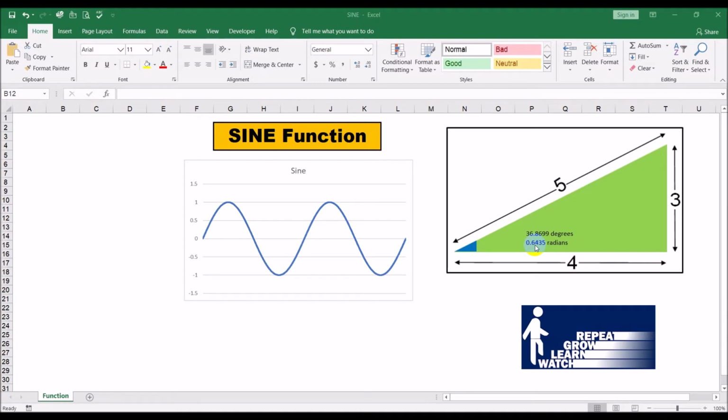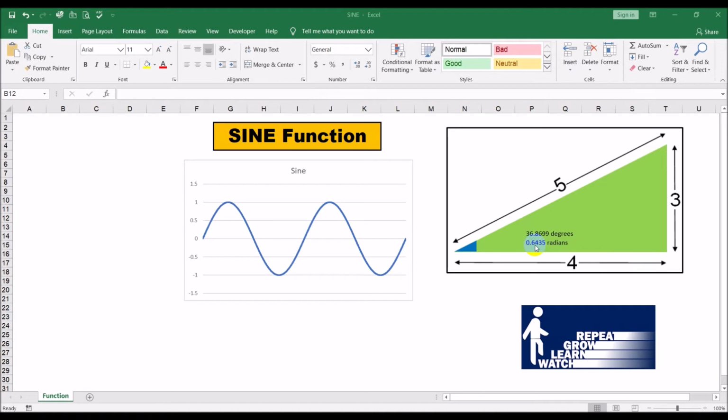The DEGREES function takes a value in radians and converts it into degrees. The RADIANS function takes a value in degrees and converts it into radians. So you have those two functions to go back and forth between degrees and radians.